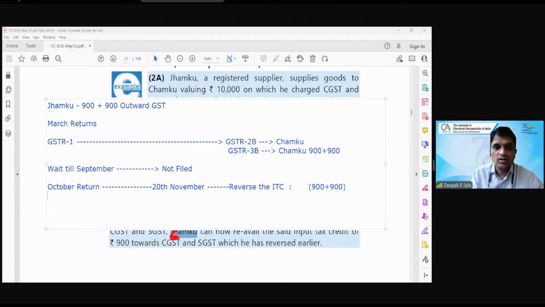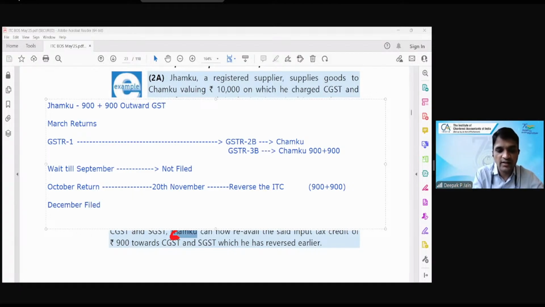Now Jampu got angry and he went to Jampu and said that I made the payment to you. I made 10,000 plus 1,800. I paid you 11,800. Give me my 1,800. He said, no, I will not give you. He said, okay, file your returns. So then he wakes up and Jampu says, okay, in December, I have filed the 3B.